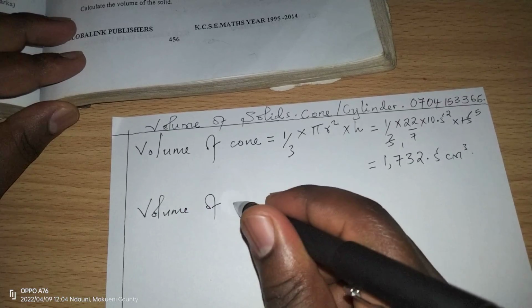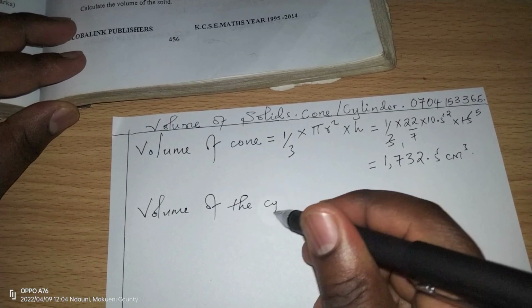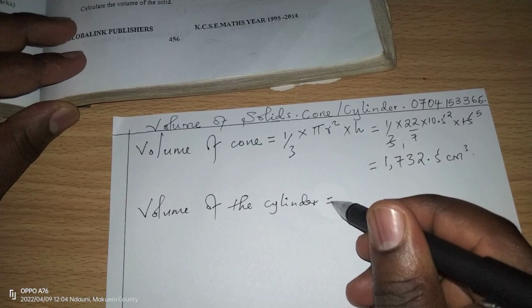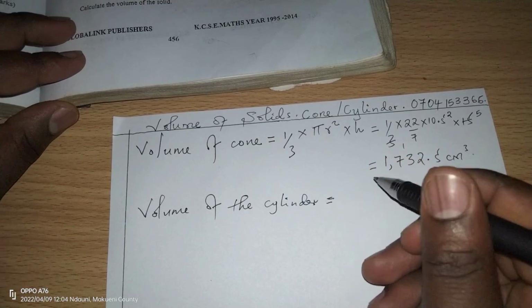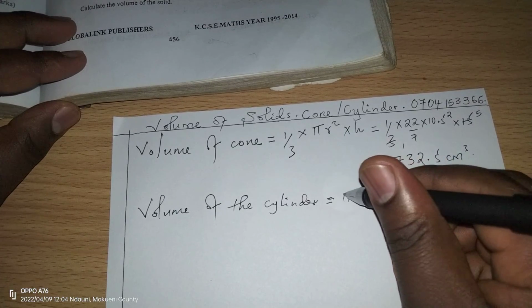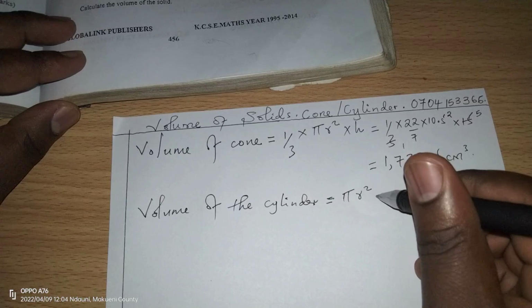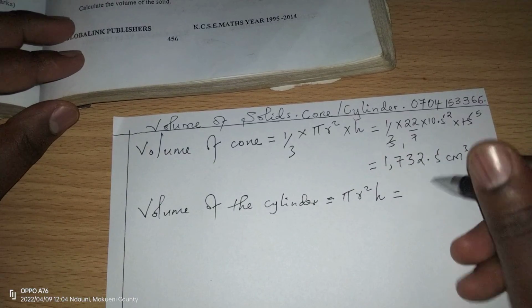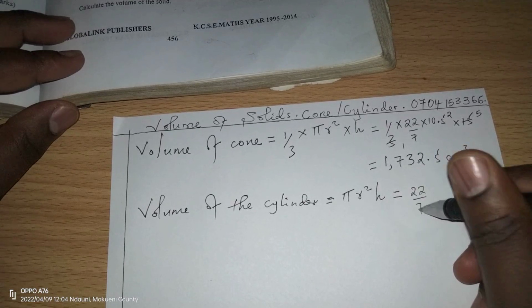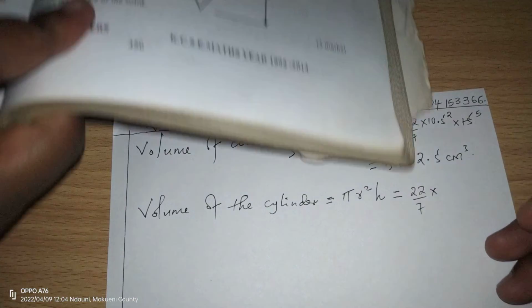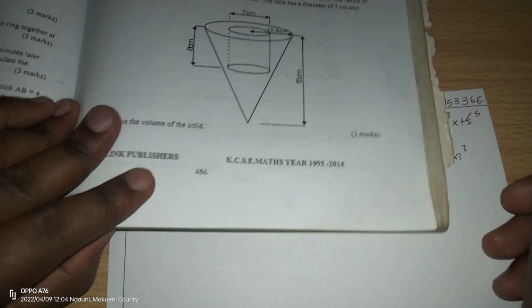Volume of the cylinder, or the cylindrical hole. The volume of a cylinder is given by the cross-section area, which is circular, therefore pi r squared, multiplied by the height of the cylinder. Therefore, we will have 22 over 7 multiplied by the radius of this cylinder.